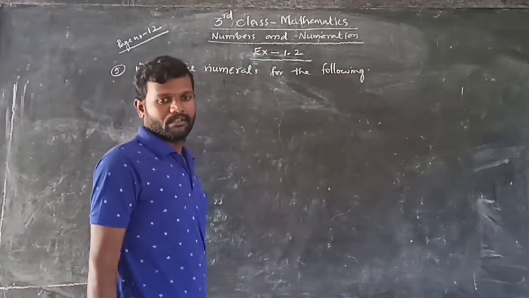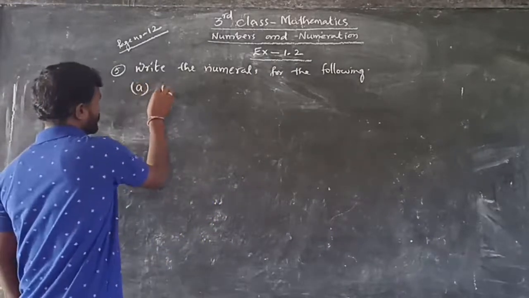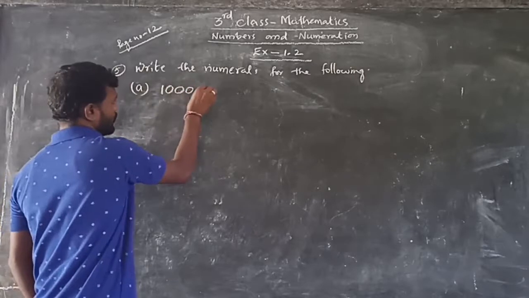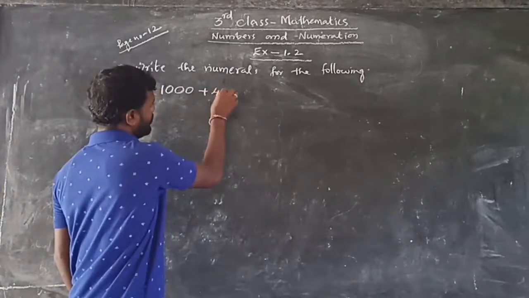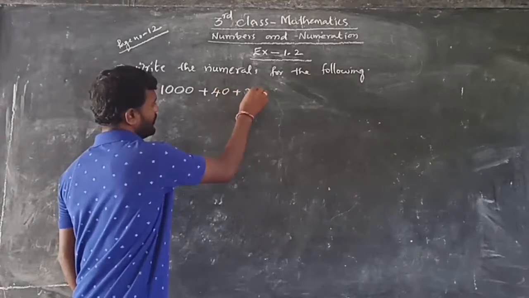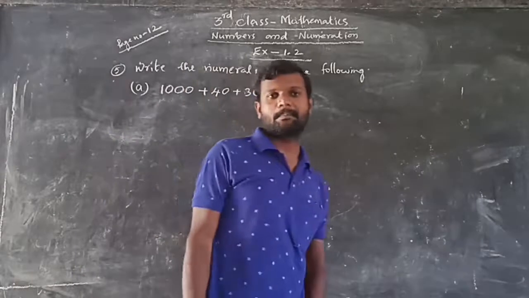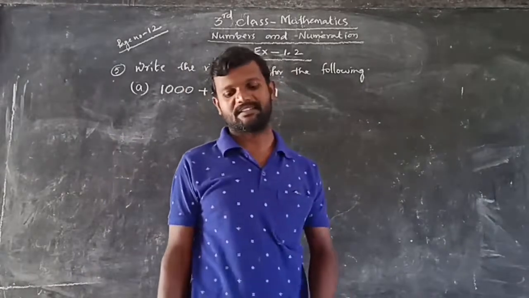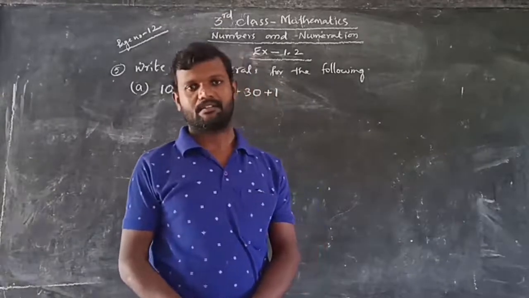Okay, first question, A. What is the first one? 1000 plus 40 plus 30 plus 1. So that is given.